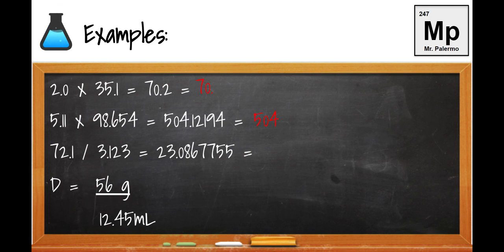I'm going to have 23 point, and because that's an 8, I round up, and I end up with 23.1. Then another division problem, 56 grams, 2 significant figures, divided by 12.45, which is 4 significant figures. My answer is only going to have 2 significant figures because I have 2 in that 56.